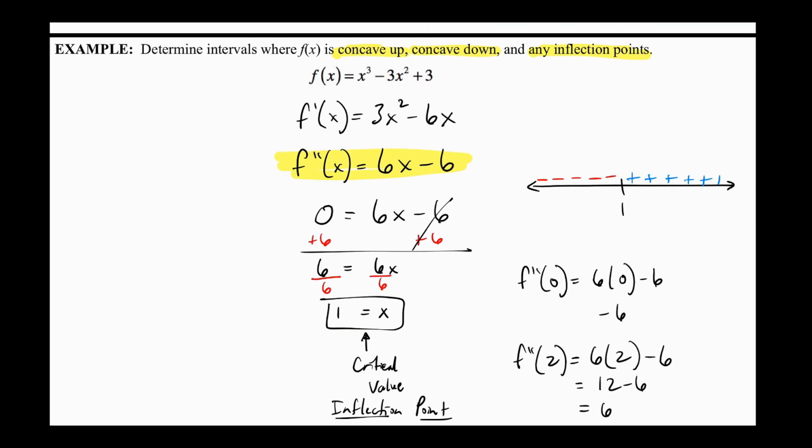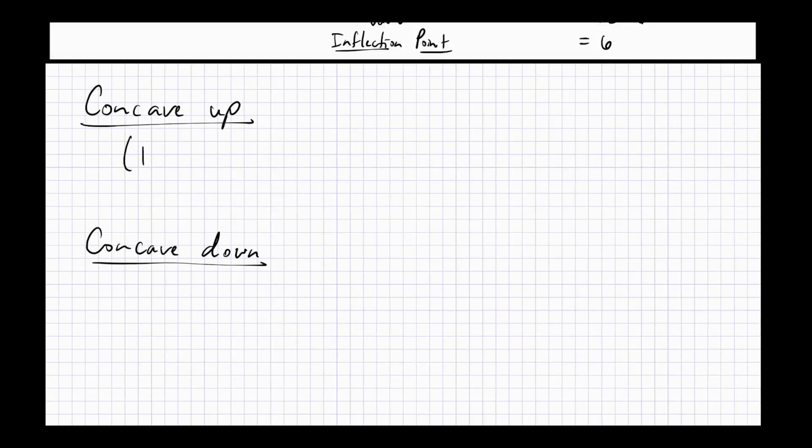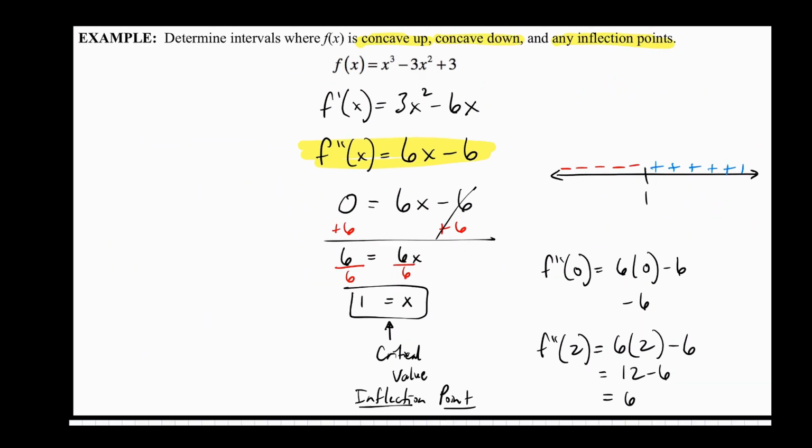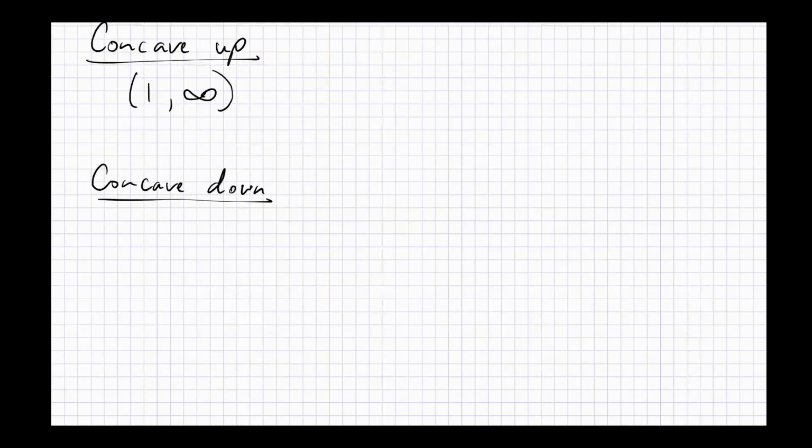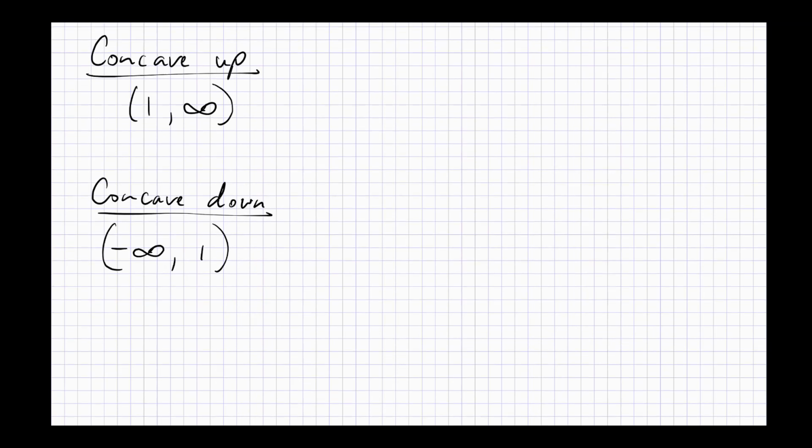It's positive after 1. So from 1 to positive infinity, concave up. Concave down is where it's negative. Negative is from negative infinity up until 1. And then at 1, it switches from one to the other. And then we also have an inflection point at x equals 1.